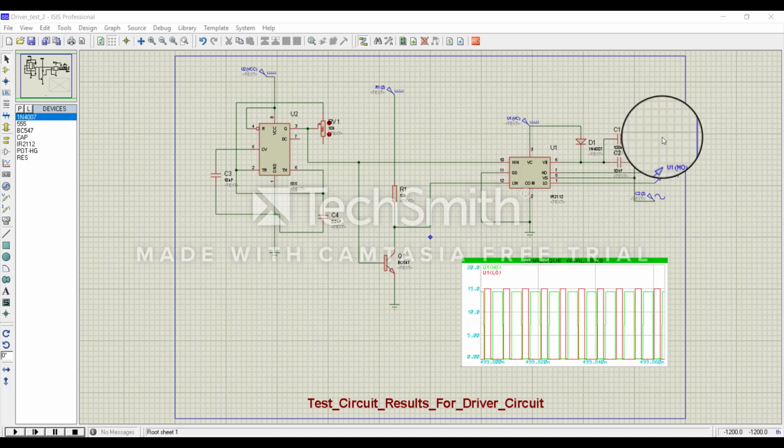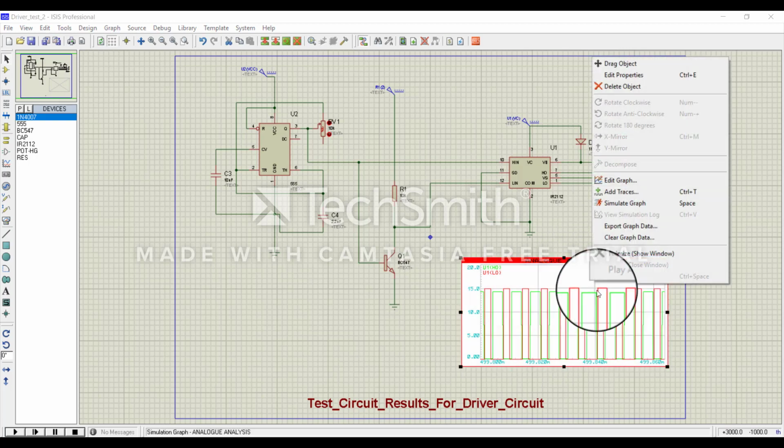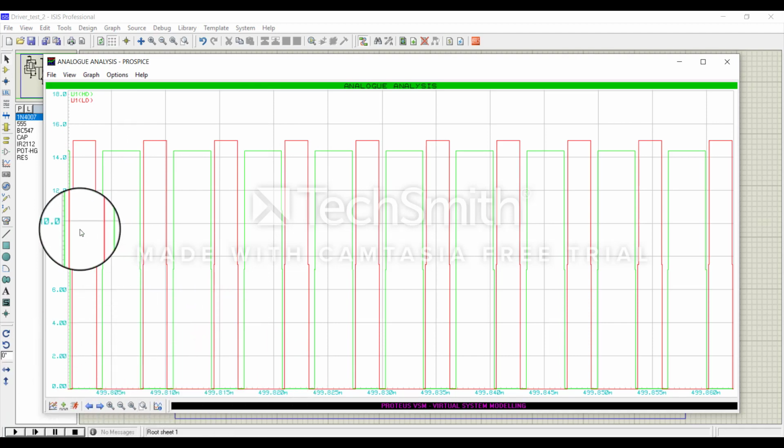So here we can see the output waveforms for our MOSFET driver. There are six pulses appearing within the 20 microsecond period, which shows that two pulses, one for high side and one for low side, will be generated within 6.67 microseconds.